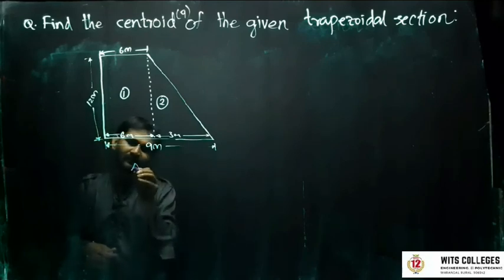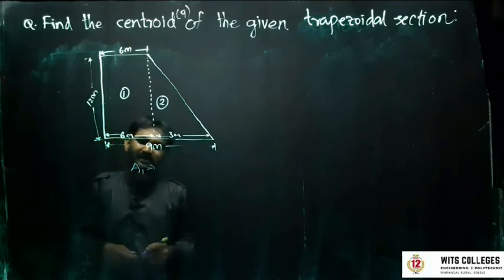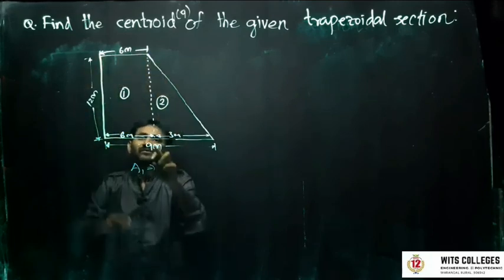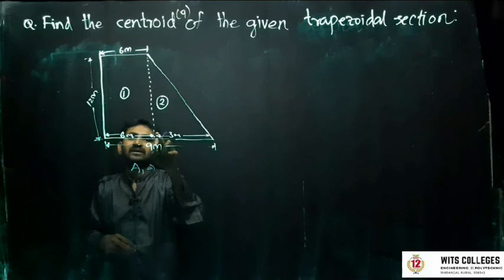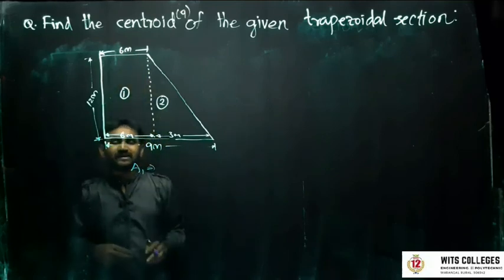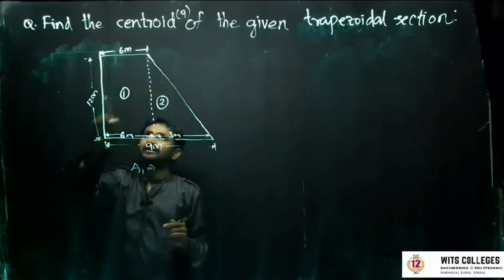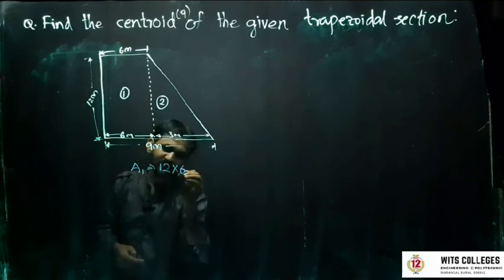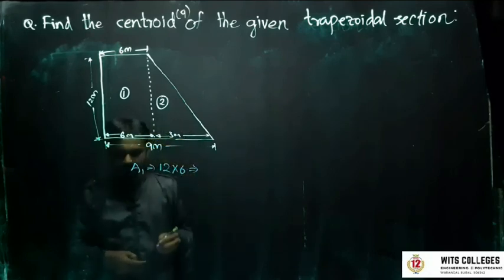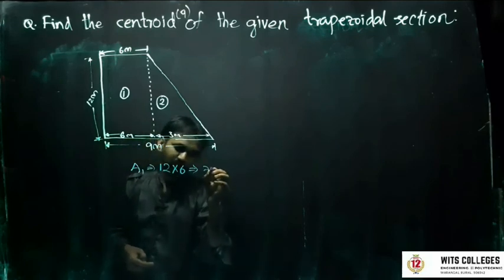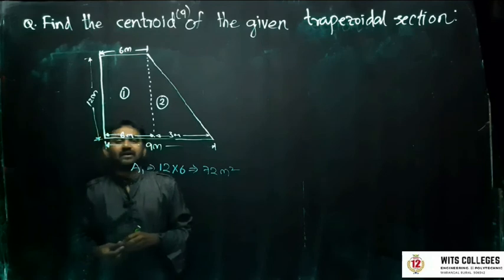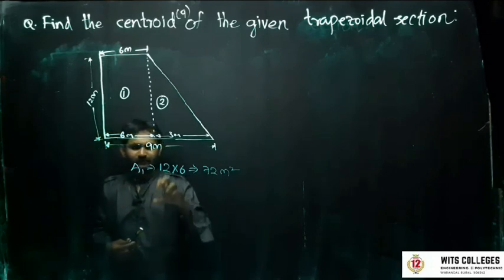So A1 is nothing but the area of figure number 1. This is my first figure, so it is a rectangle. Rectangle means length into breadth, so 12 into 6, this is equal to 72 meter square. So I got A1.